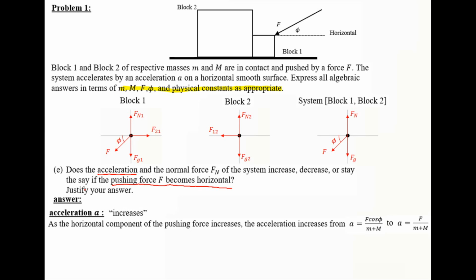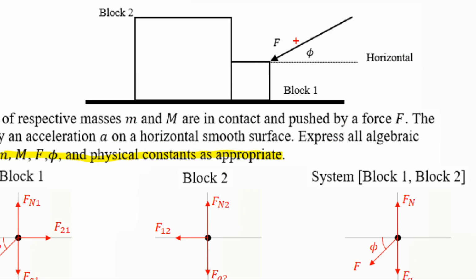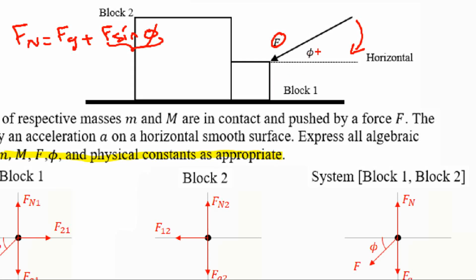Now what about the normal push? The normal push in this case is given by Fg plus F sine phi. This comes from the vertical component. Now if the force F becomes completely horizontal, then phi becomes 0, and this part will disappear.